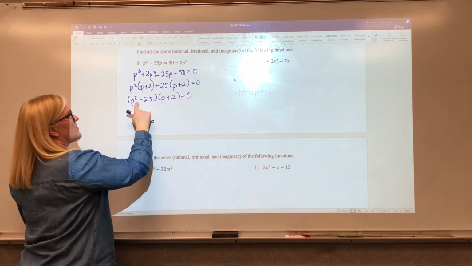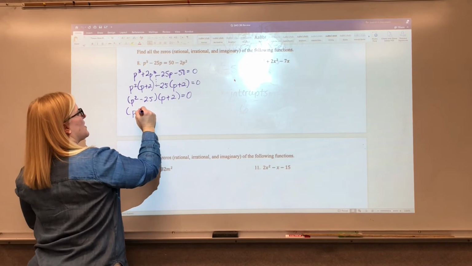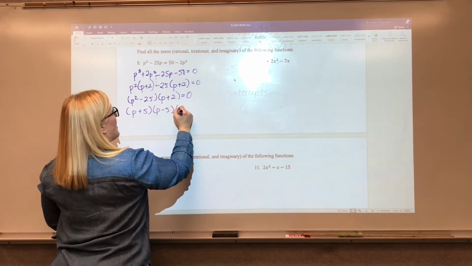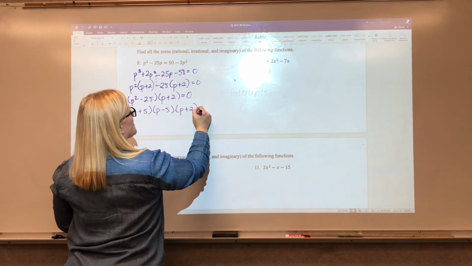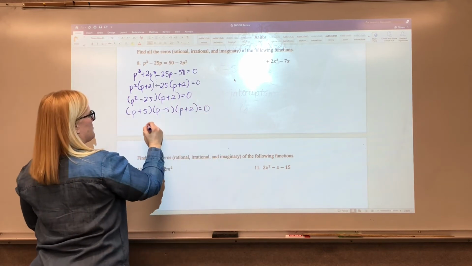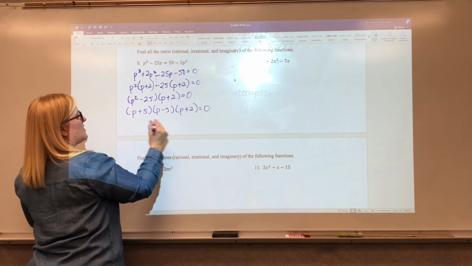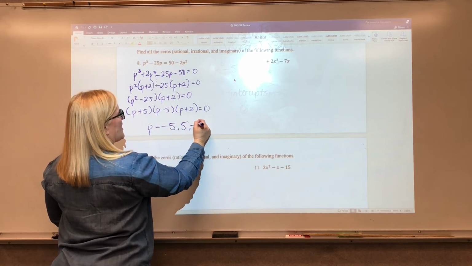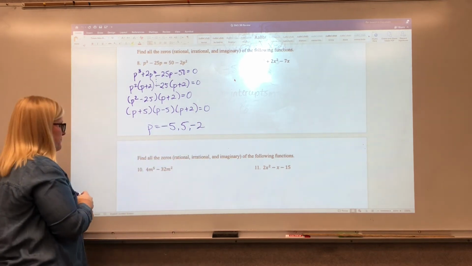And I can factor this down even more. P plus 5, p minus 5, and then times p plus 2 equals 0. So p equals negative 5, positive 5, and negative 2.